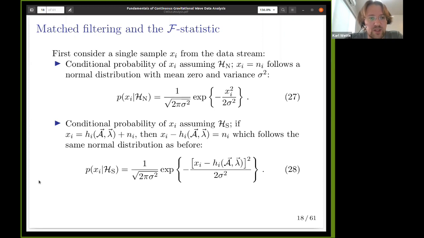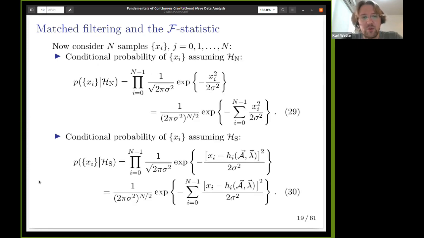That gives us the conditional probability of our data given the signal hypothesis as equation 28. It's basically the same as for the noise hypothesis, except we've taken our data x_i and subtracted off the signal model. So this is how you model the probability of a signal: we subtract the signal off, and then we look at the probability distribution of the noise. That's a nice little trick.